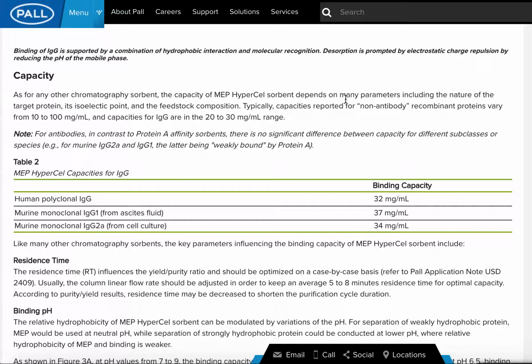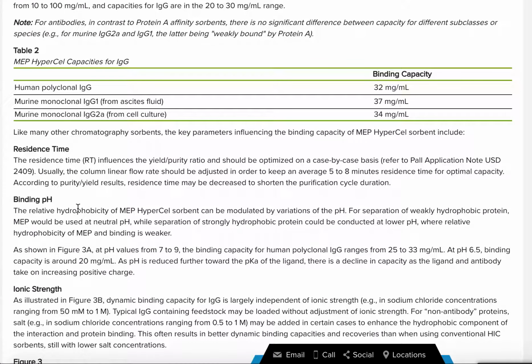Typically, capacities reported for non-antibody recombinant proteins vary from 10 to 100 mg per ml, and capacities for IgG are in the 20 to 30 mg per ml range. Human polyclonal is this.